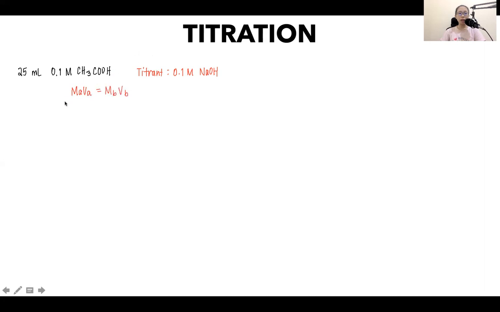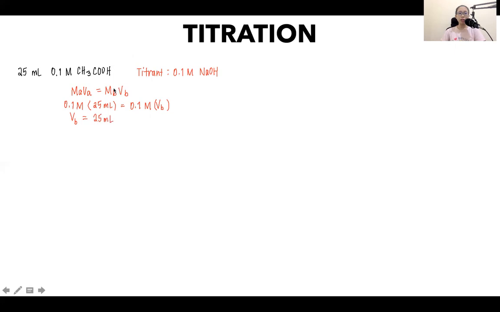The molarity of our acid is 0.1 molar. The volume of our acid solution is 25 ml. The molarity of our basic solution is also 0.1 molar. So it follows that the volume of base we need to reach the equivalence point is 25 ml.